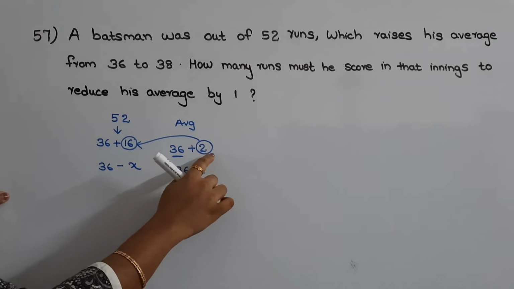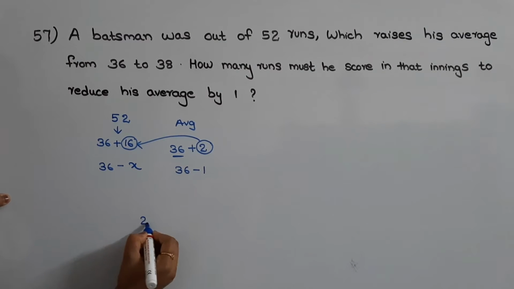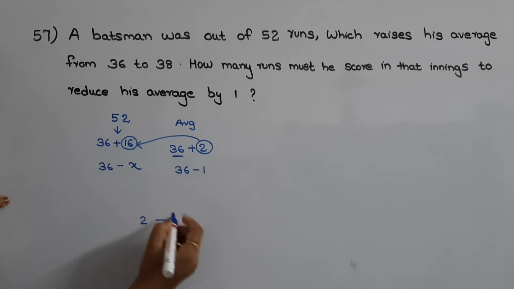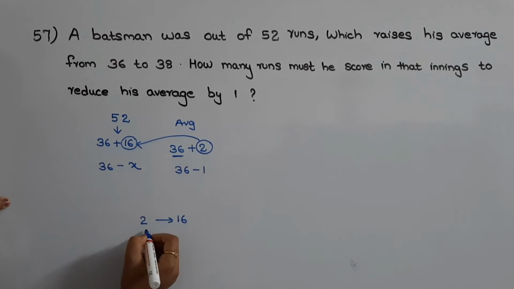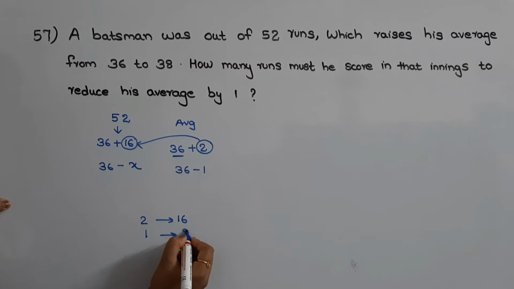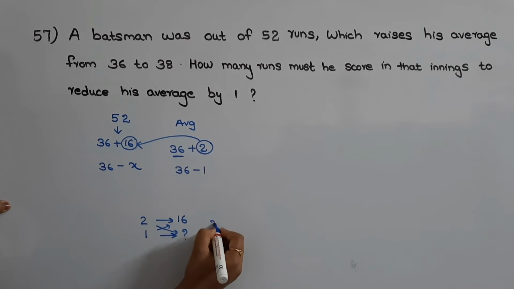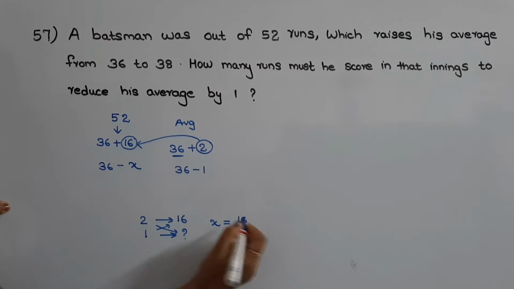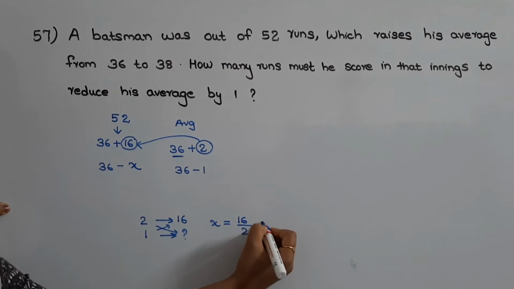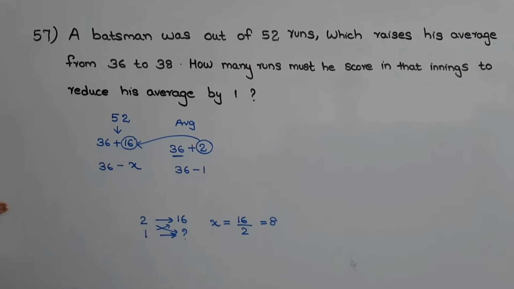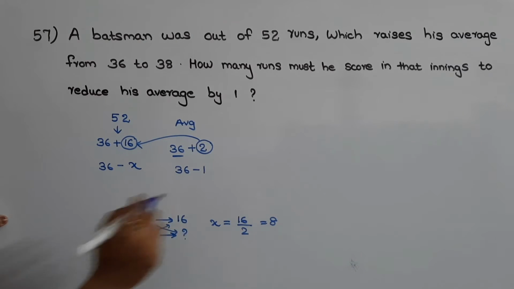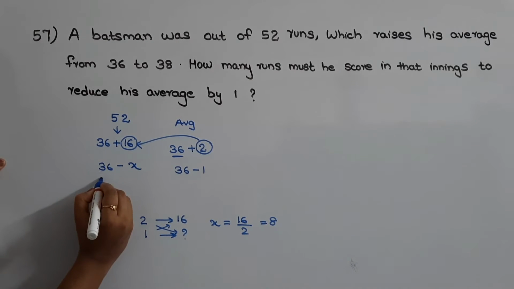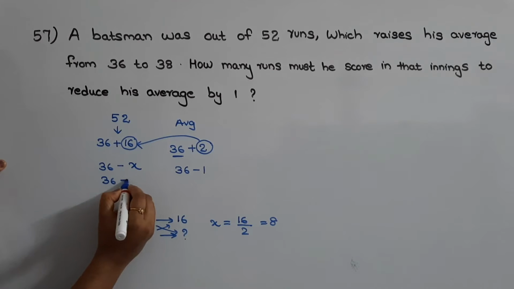Okay, so if this 2 can be written as 16, then what will be the value for this 1? This we can find out by cross multiplying. Okay, so this x value will be equal to 1 into 16 divided by this 2. So that will be equal to 8. Okay, so this x value is 8. Okay, so this will be equal to 36 minus 8.